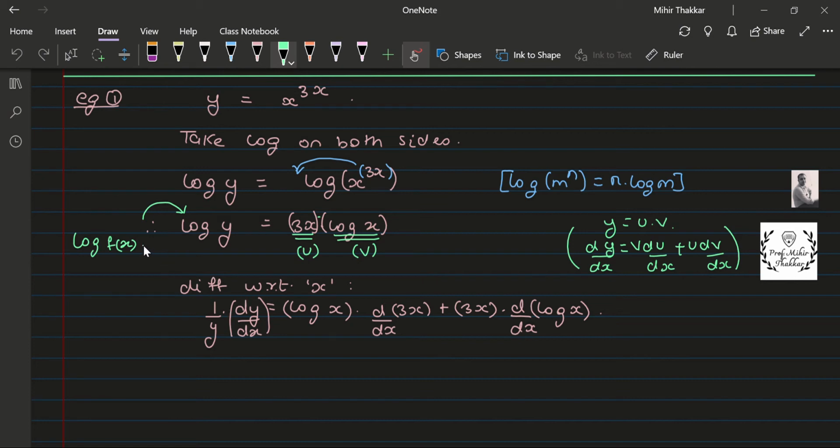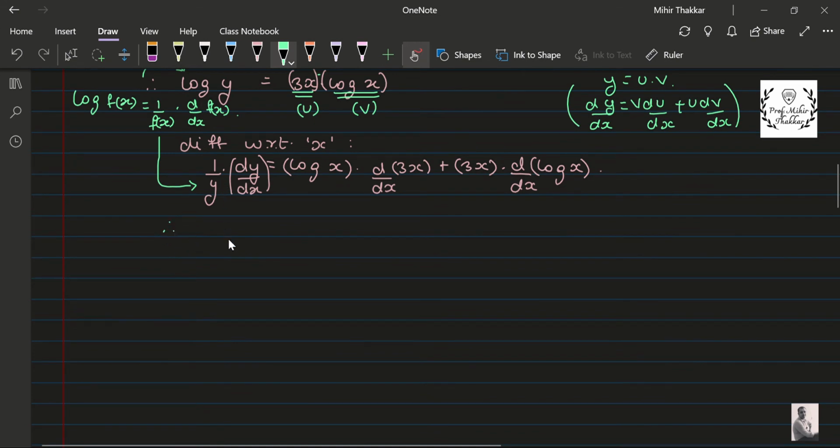You know that it is 1 upon f(x) into derivative of f(x). You can compare this: f(x) over here is y, and the derivative of f(x) is dy by dx. So we get our answer: the derivative of log y is 1 by y multiplied by dy by dx. Whenever you come across the term log y, always write the answer as 1 by y dy by dx. Always. Okay, now let's move on.